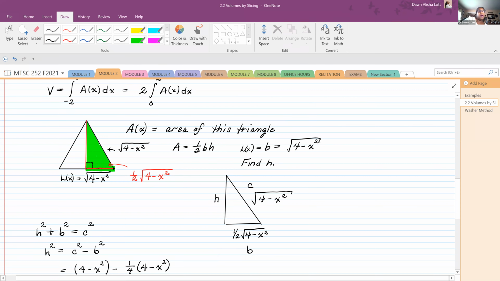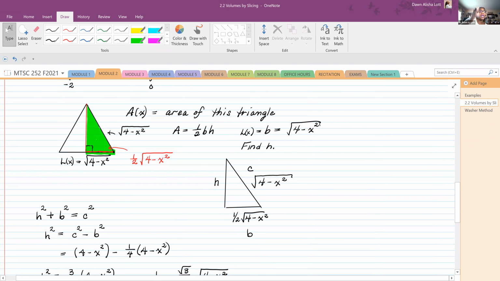So in order to find the height, I said, well, let's deal with only half the triangle. And then I can use the Pythagorean theorem because I have a 90-degree angle. So I went over to this little sub problem over here, where I'm just solving for the height. In order to solve for the height, I have a new problem.